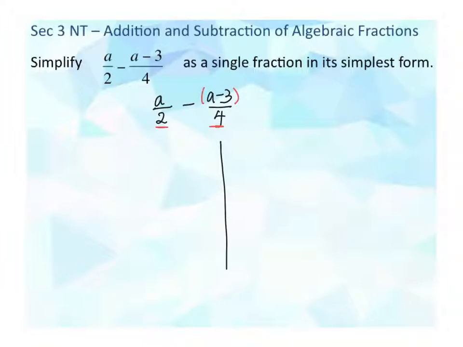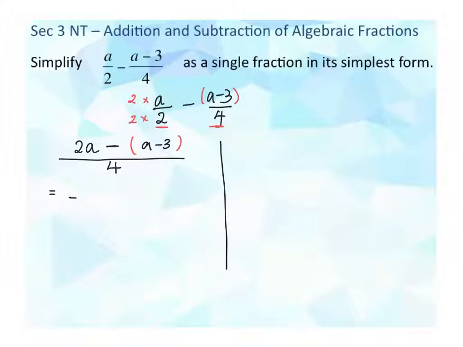The LCM is 4. So some of you might do it this way, where you multiply this by 2 to make the denominator 4. So we will get 4, 2 times a, 2a, subtraction. Now please take note, bracket a minus 3.